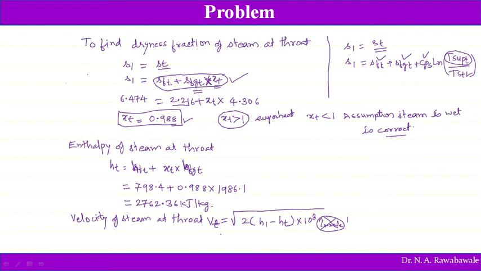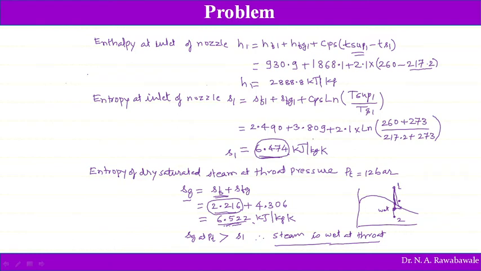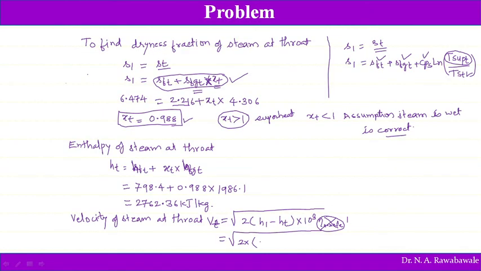So again here we can write this as square root of 2 into h1 value, which we have calculated as 2888.8, minus ht, which is 2762.36, closes bracket, into 10 to the power of 3.